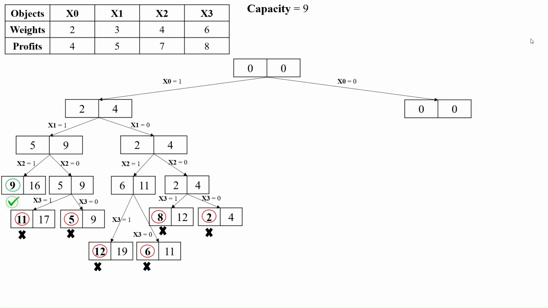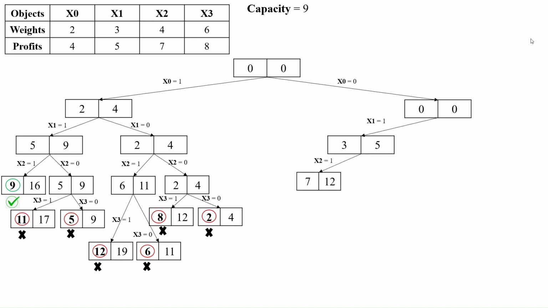And now let us consider x1, which is having weight of 3 and profit of 5. And let us consider x2 because here our maximum capacity is 9 and here the capacity is 3. So we have a chance.